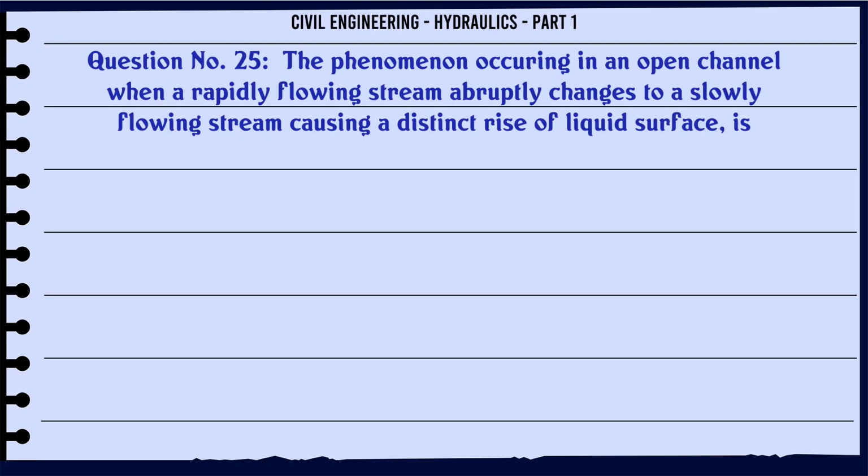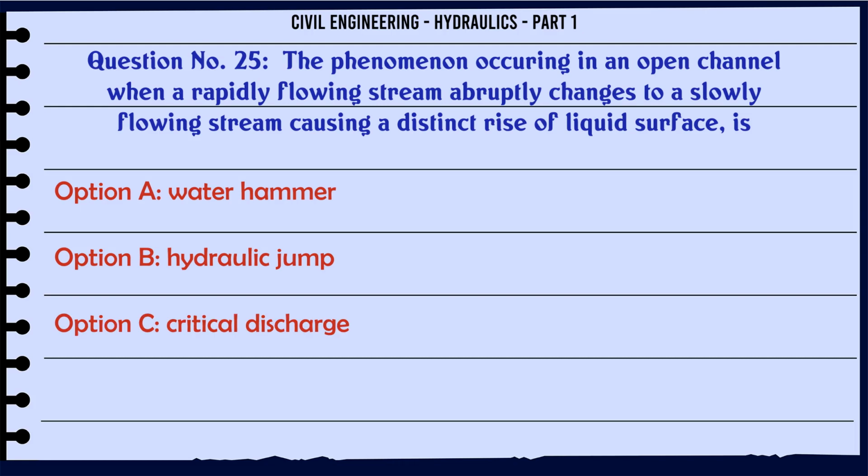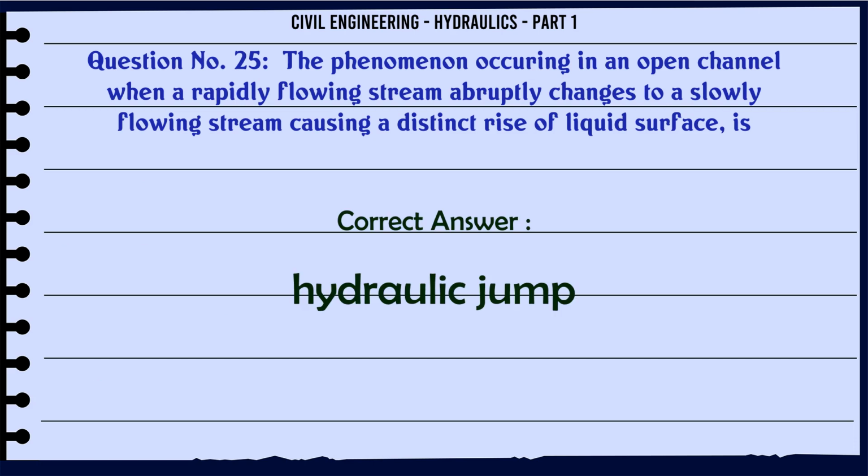The phenomenon occurring in an open channel when a rapidly flowing stream abruptly changes to a slowly flowing stream causing a distinct rise of liquid surface is A. water hammer, B. hydraulic jump, C. critical discharge, D. none of these. The correct answer is hydraulic jump.